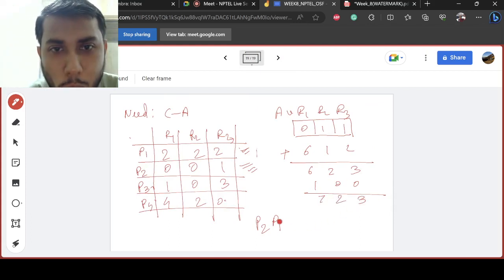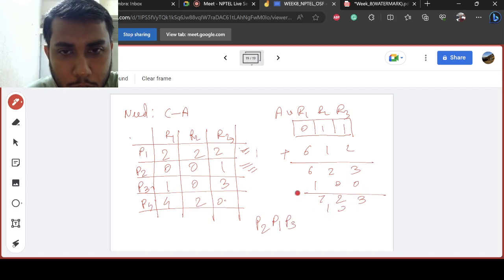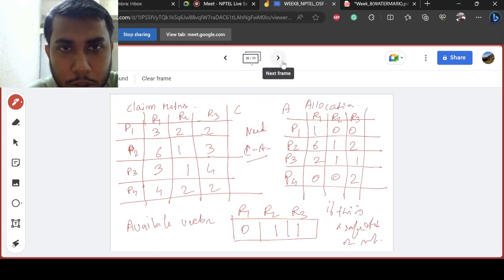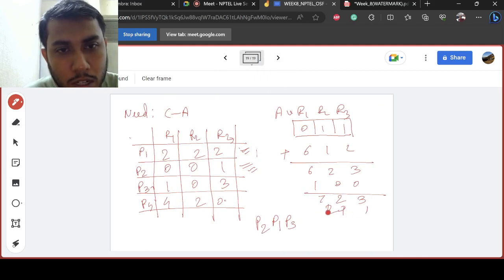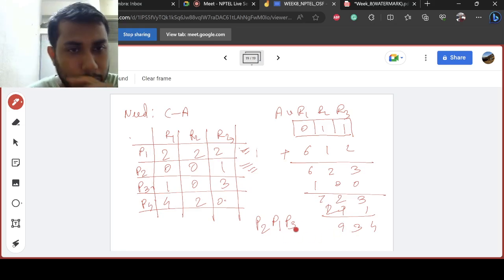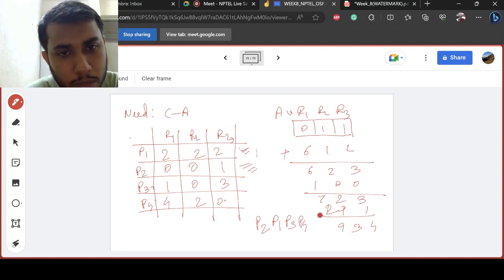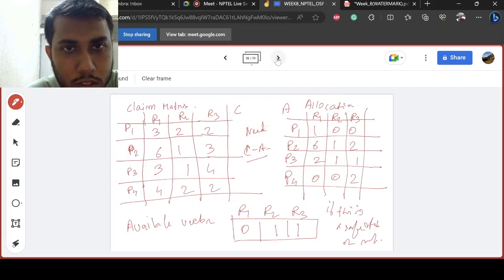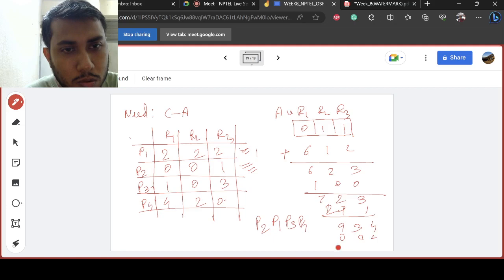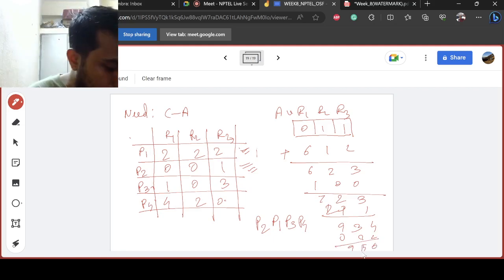After that P3 can go, and we add its current allocation 2 1 1, so it becomes 9 3 4. Now P4 has all the resources it needs, so P4 will be next to complete, and P4's current allocation is 0 2 2, so it becomes 9 5 6, which was the initial resource vector.